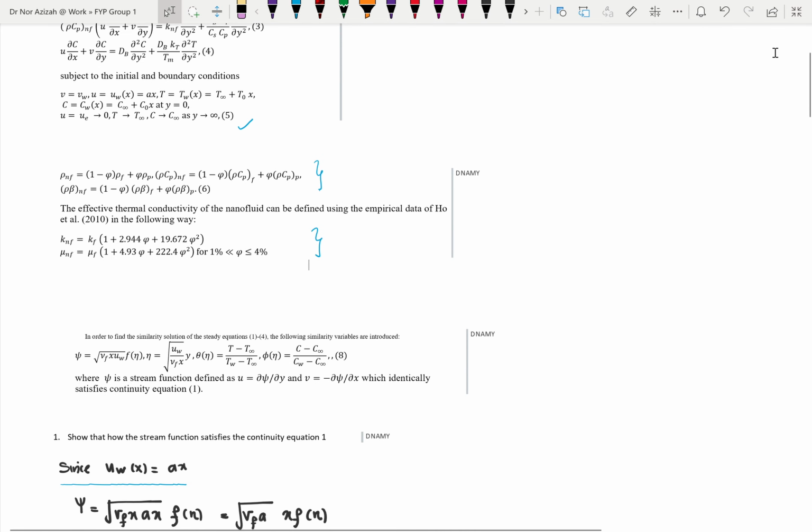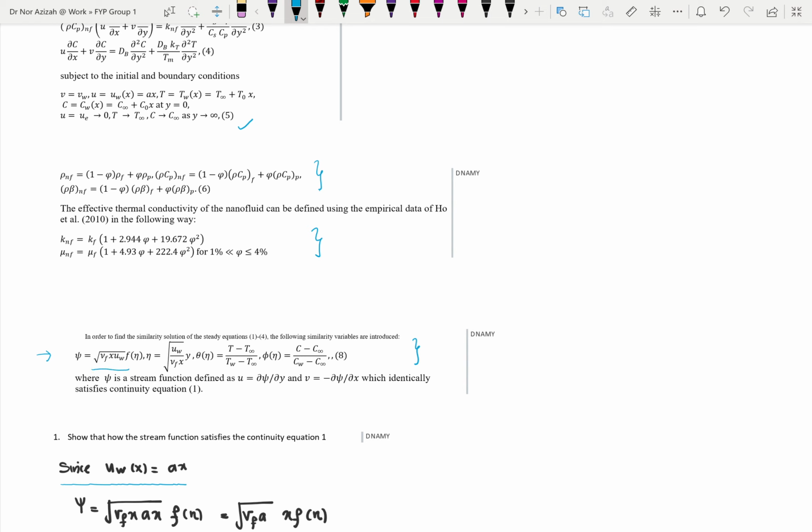And then this one is the similarity variables. I have changed, I add this one and then I delete the first two terms. So the new similarity variable is for the psi. Psi equals square root of mu nf x uw multiplied by f of eta.